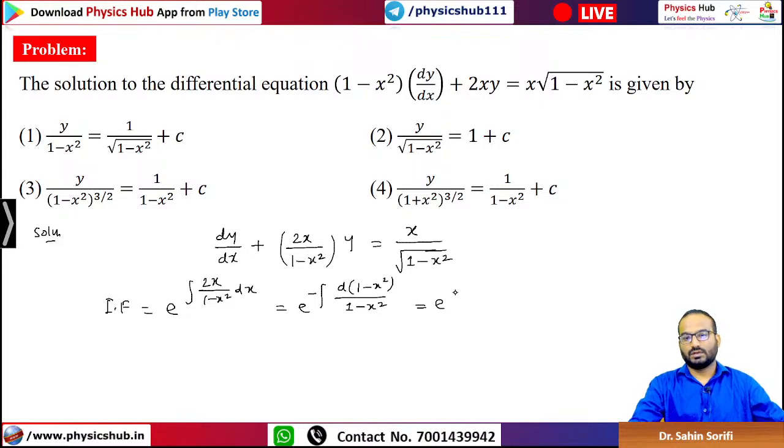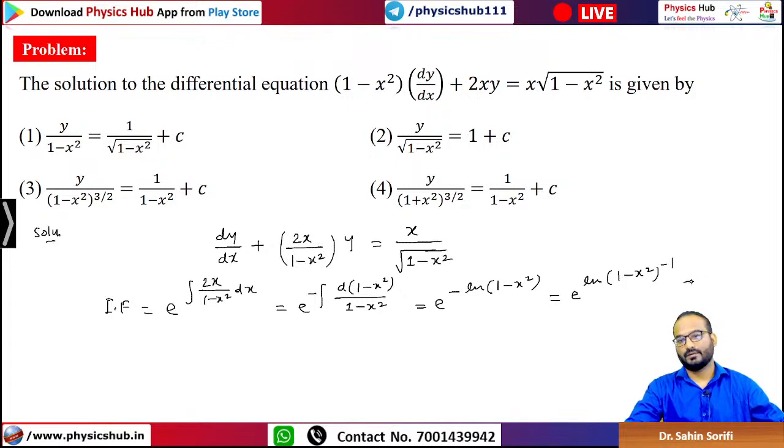So e to the power minus ln of 1 minus x square, ln or log, whatever you want to write, but with base e, ln is better to write. In mathematics it doesn't create much problem. One upon 1 minus x square.